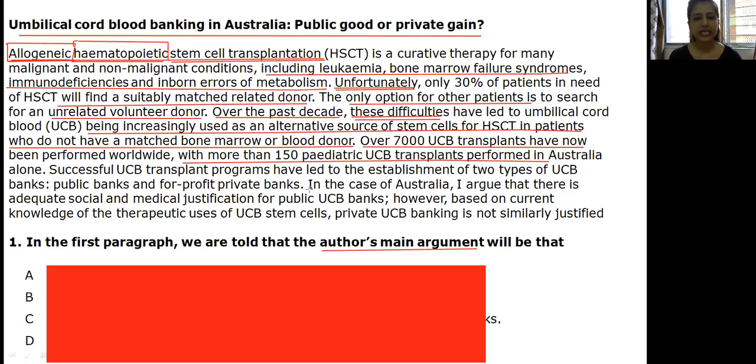And here you can see the writer says, in case of Australia, I argue that there is adequate social and medical justification for public UCB banks. However, private UCB bank or banking is not similarly justified.